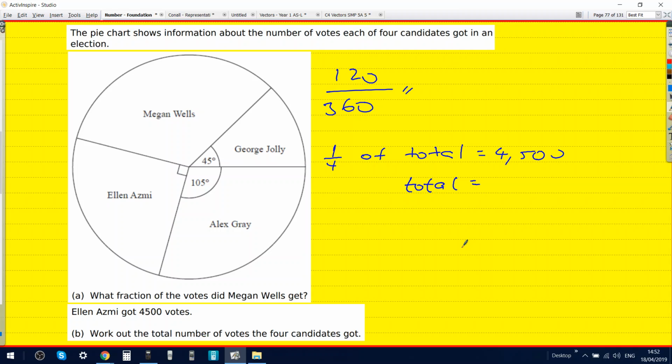So if we know that it's 120, so what's 120 out of 360? No. So a quarter of the total is 4,500. Right. You have to get the total. Quarter.